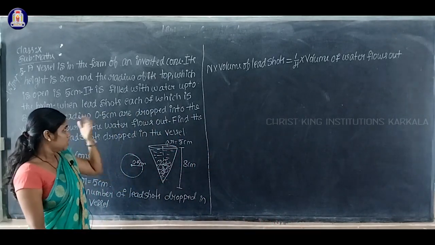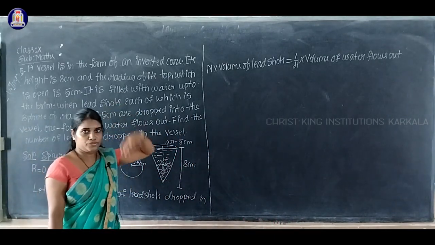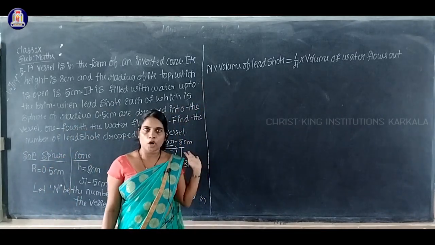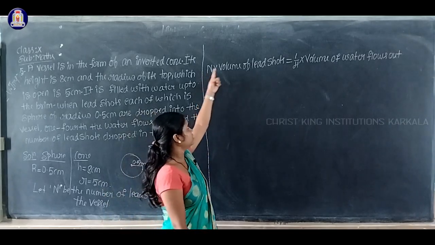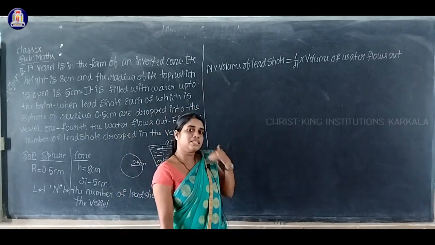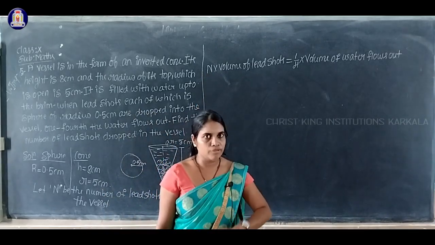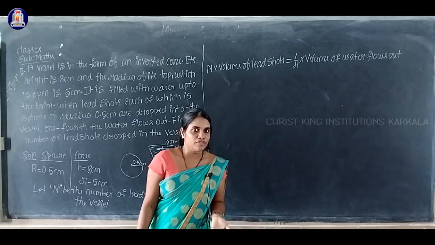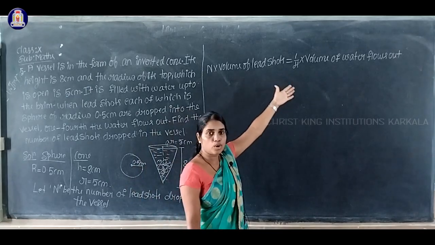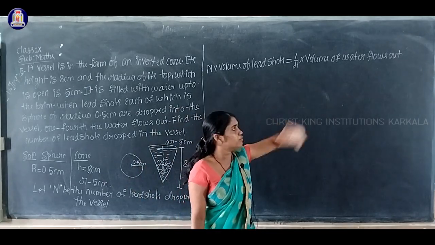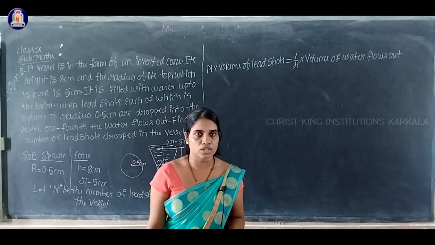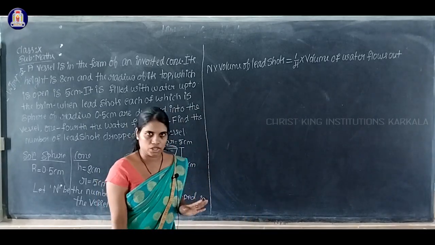So if I drop a few lead shots, that number I'll consider as N. How much water will flow out? 1/4 the volume of water will flow out.